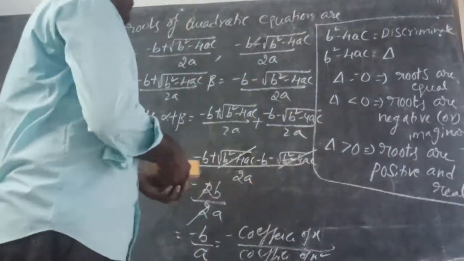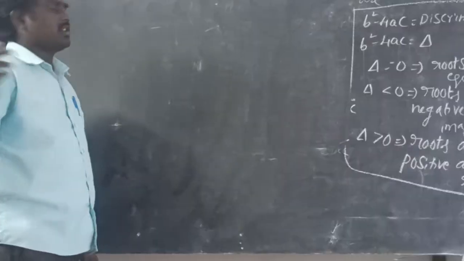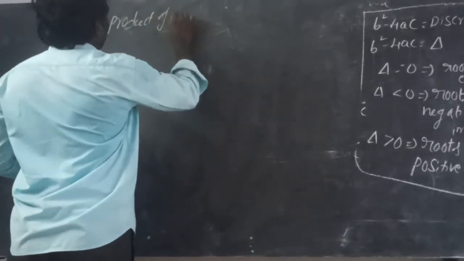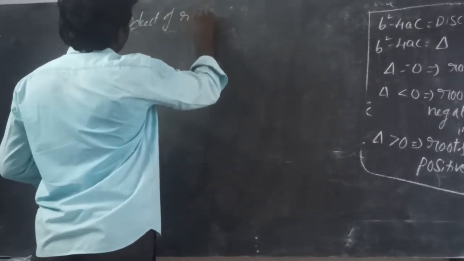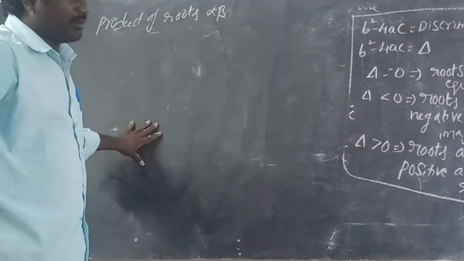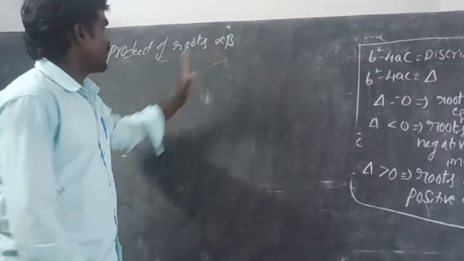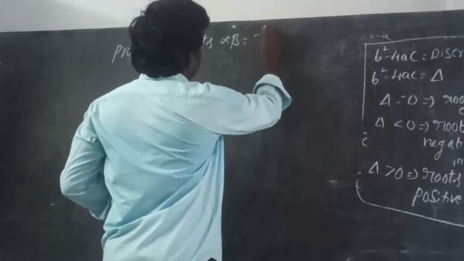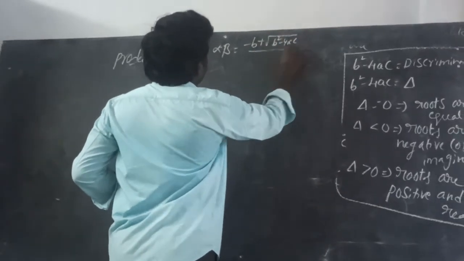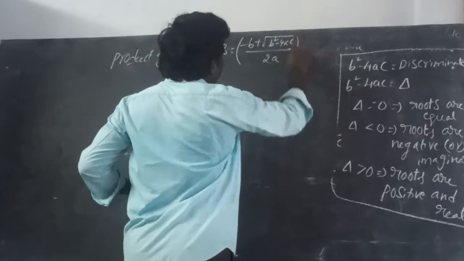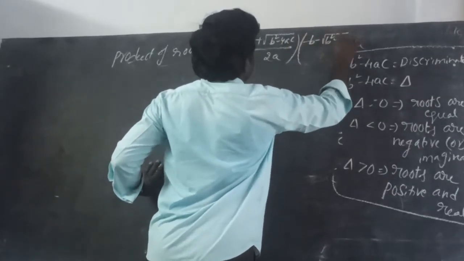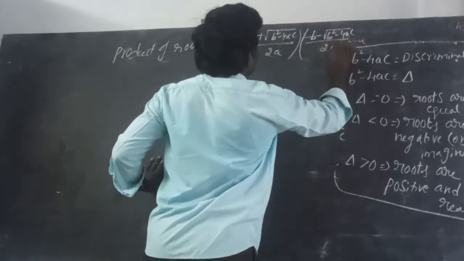Next, the product of zeros, that is, the product of roots. Alpha into beta is minus b plus square root of b square minus 4ac by 2a into minus b minus square root of b square minus 4ac by 2a.